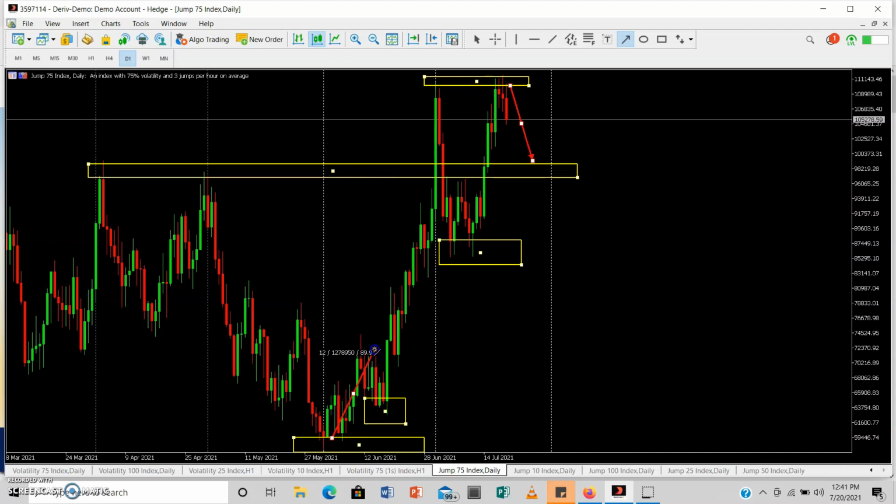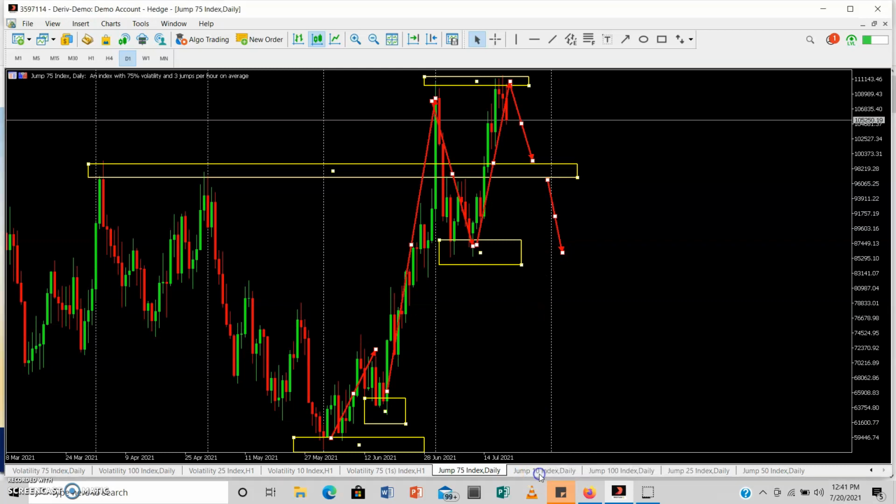I can see that we've already made number 1 impulse, number 2 was a big one, and now we're making downward impulses. So here will be a nice formation to be completed. Hopefully when we reach this point, we'll be able to at least extend down below and continue in a downtrend. Okay, that's for Jump 75.